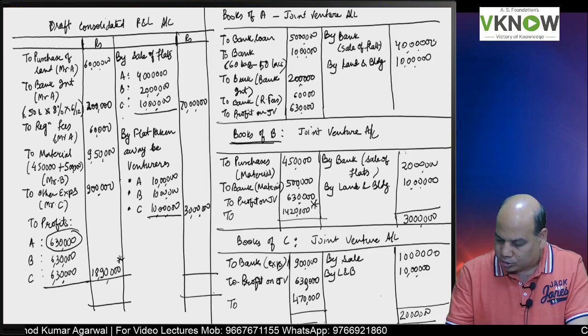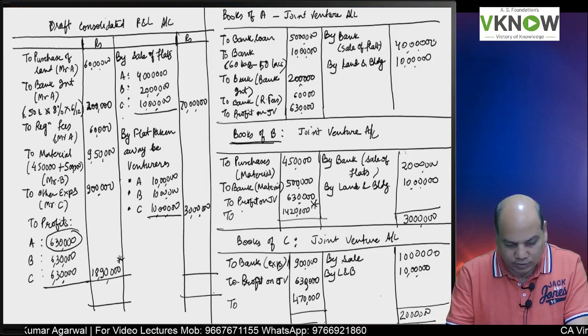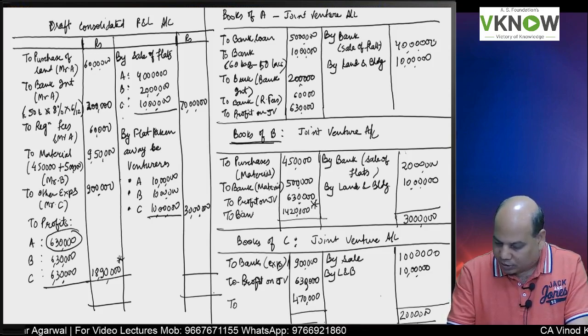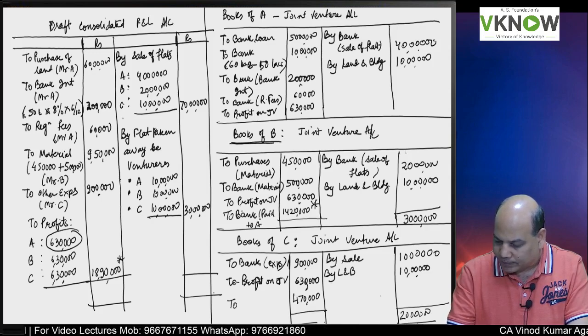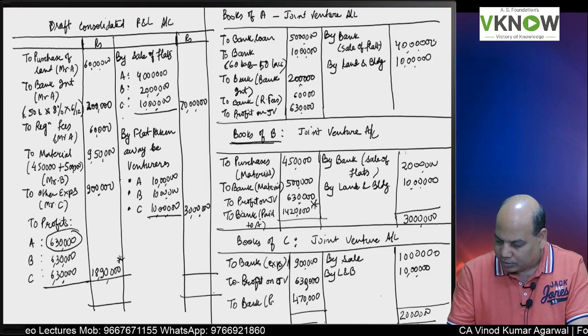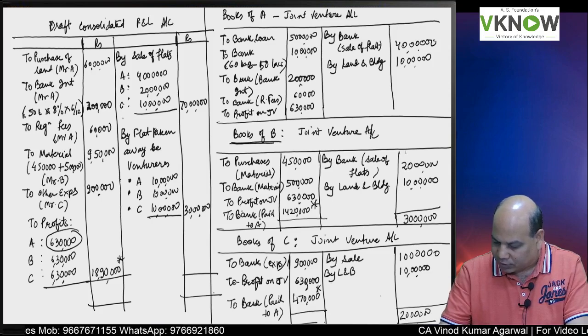So both parties are going to pay to A. So to bank, write down in bracket paid to A. Here also to bank in bracket paid to A. Balancing figure.